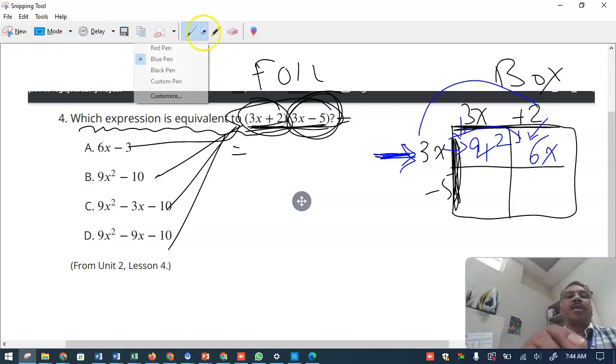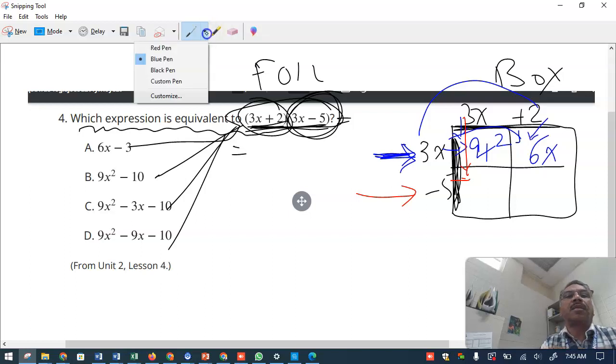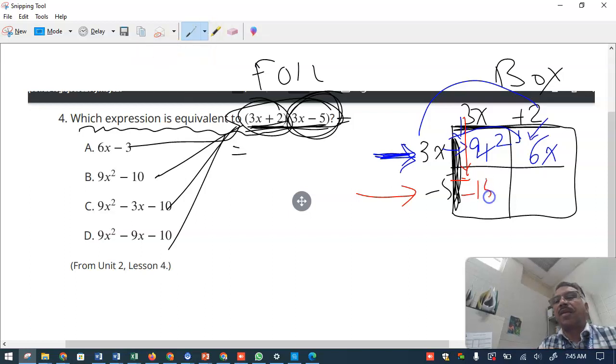Now I'm going to use a different color to show this. This time we are using this rule. This one and this one will give you negative 15x, because negative 5 and 3x will be negative 15x.